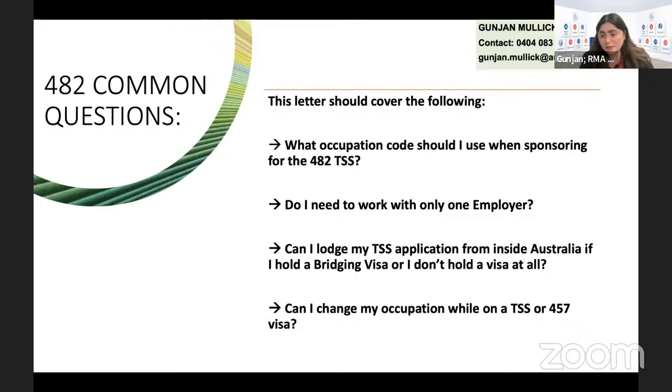You need a passport copy, basic identity documents, and character requirements, such as police checks from any country where you have lived for 12 months in the last 10 years. You must do the medicals and just update the department. So if you haven't lodged the visa yet, you may contact us and we can help you out with that.